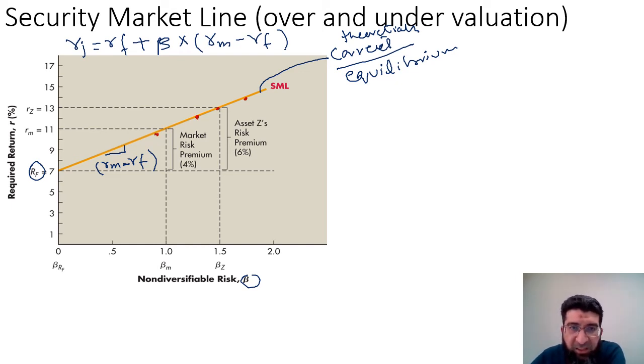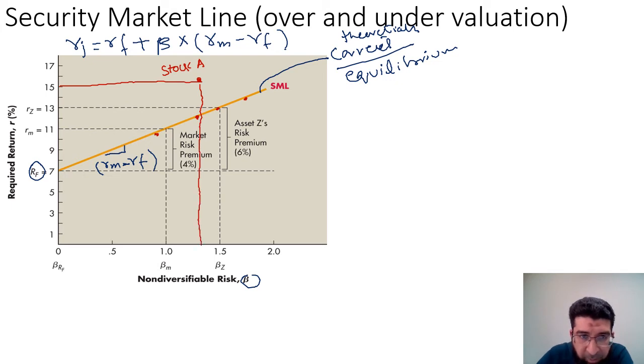Now obviously we see that the market prices of stocks move. For instance, let's take an example. There is a stock, stock A, that has a return of 15%. If it's a 15% return, and this is the risk that it will get, beta, sorry for my line, so this is the stock A beta.